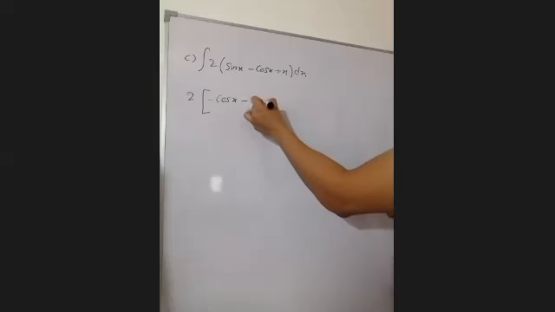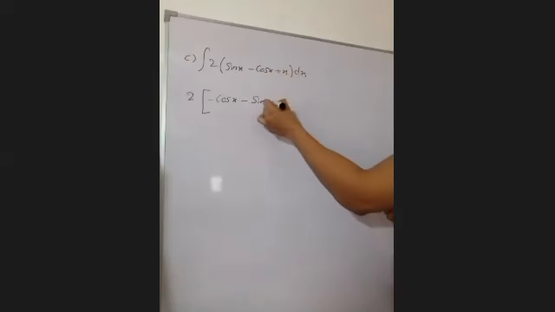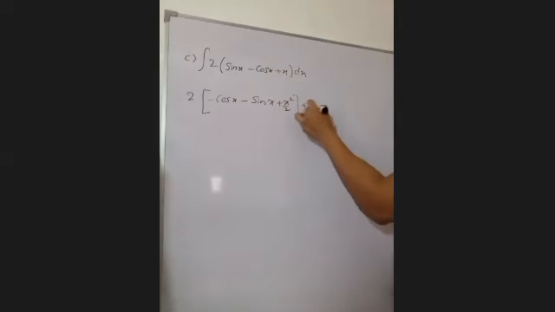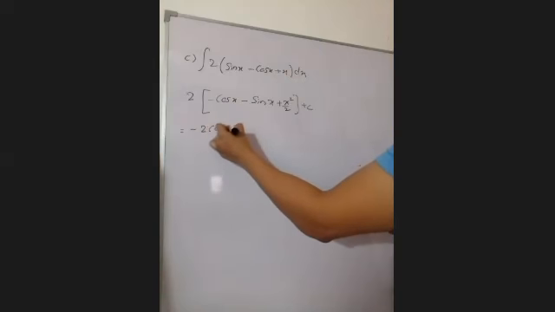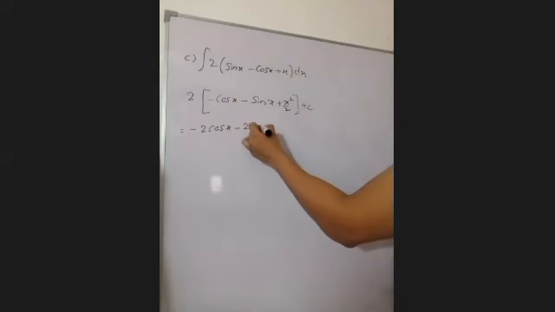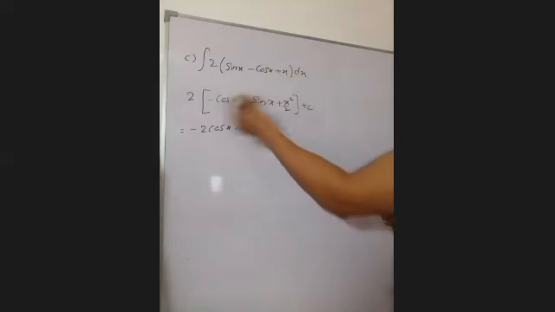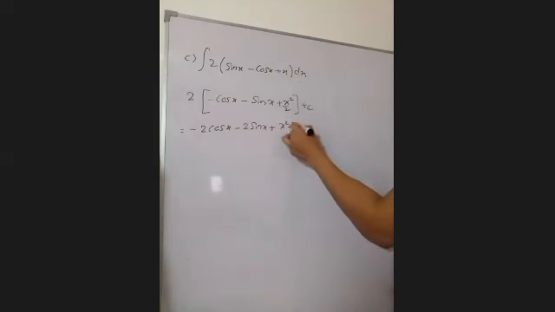Minus cos x integration is sin x. x integration is x squared over 2, plus 6. So you can write the answer: minus 2 cos x minus 2 sin x plus x squared over 2 times 2 is x squared, plus 6x plus c is the final answer for this.